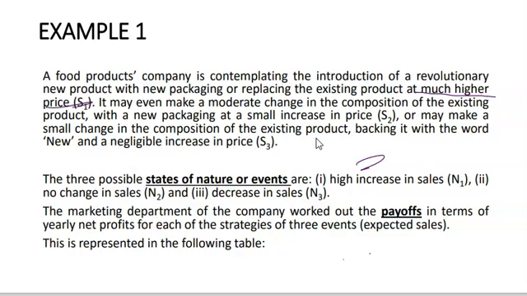It may even make a moderate change in the composition of the existing product with a new packaging at a small increase in price, denoted by X2. Or make a small change in the composition of the existing product, backing it with the word new, and a negligible increase in price.